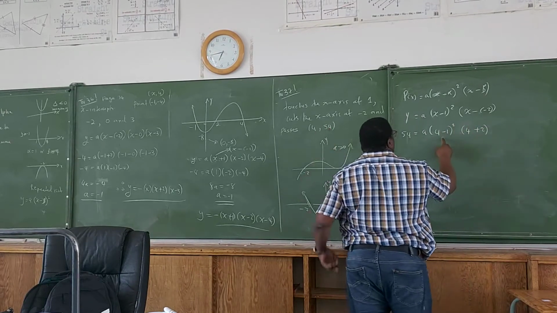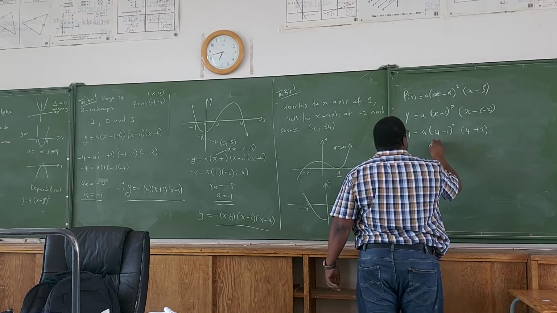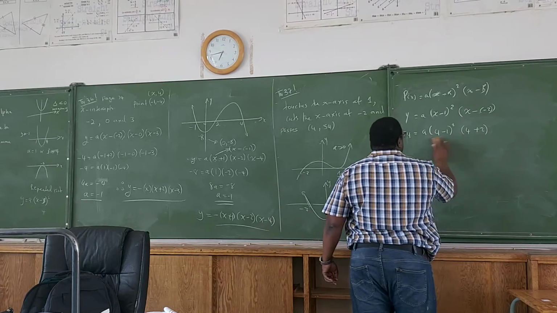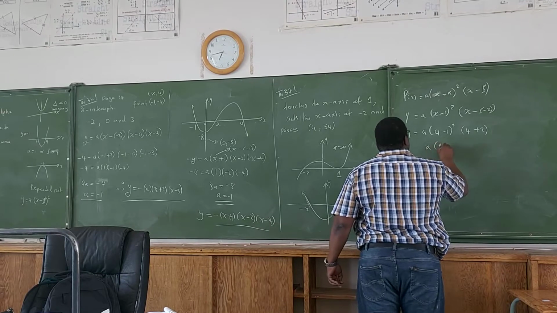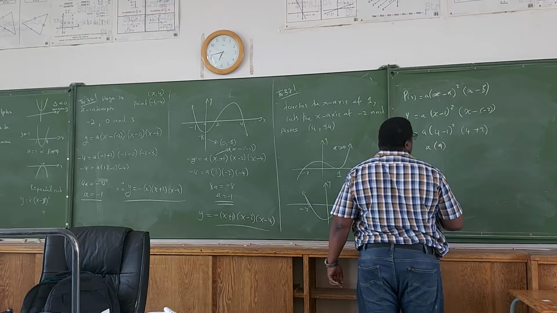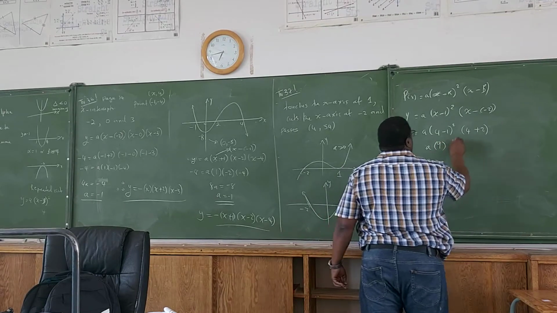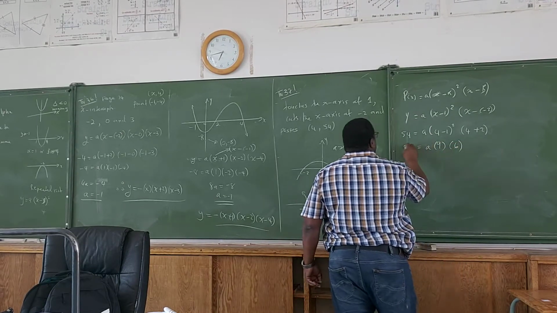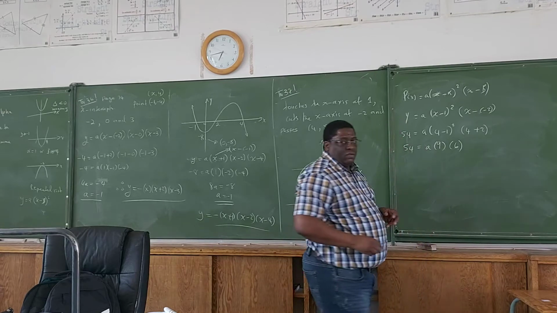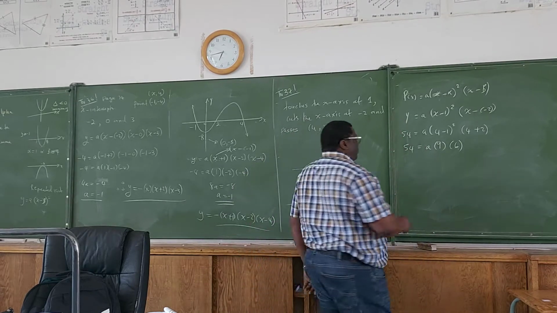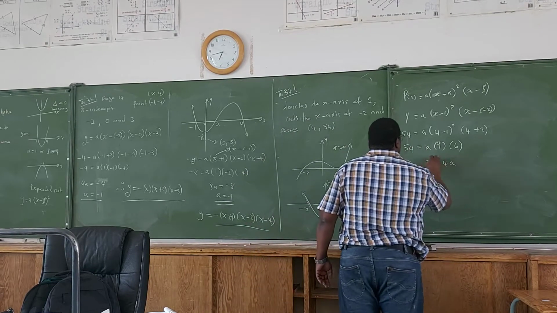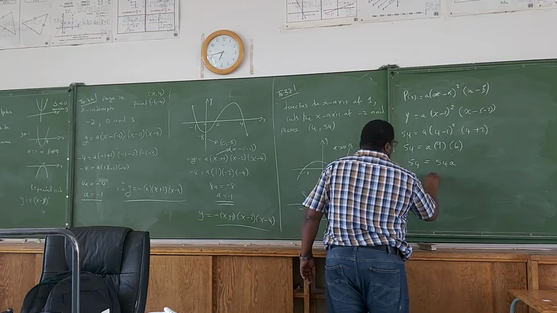Now 4 minus 1 is 3, 3 squared is 9, and 4 plus 2 is 6. Now 9 times 6 is 54, which is what?